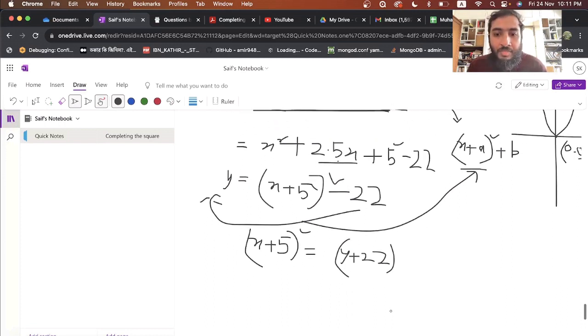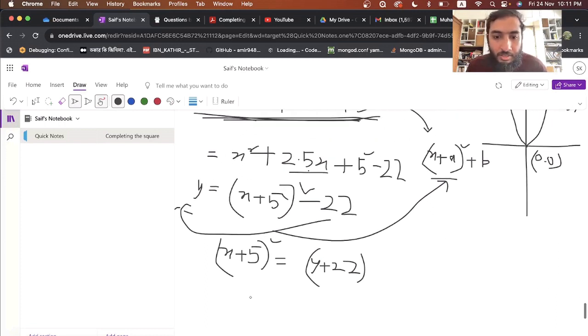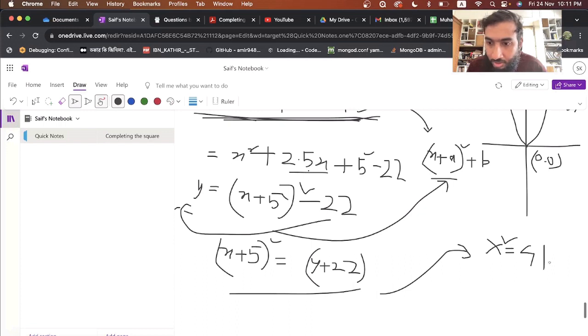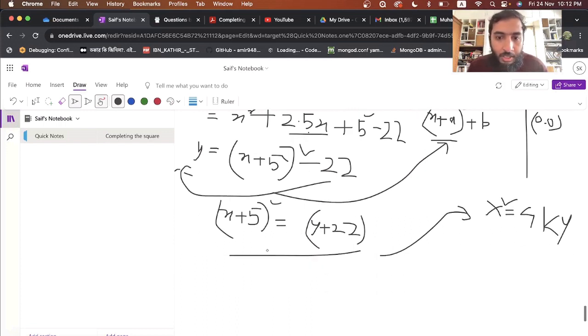So now I can write this equation in the form of x square equals 4 into a constant into y.